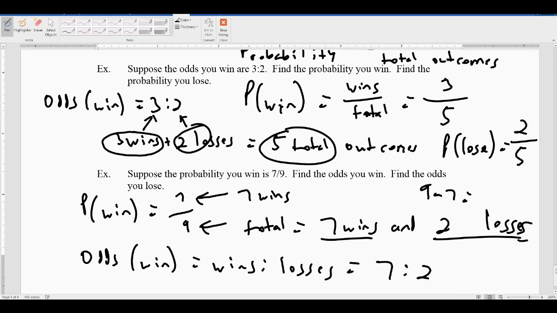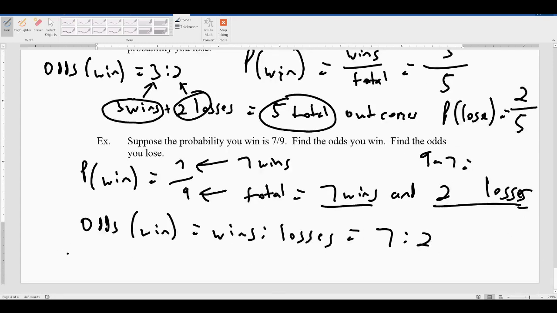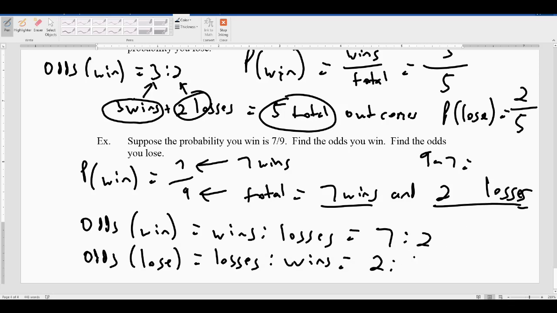So it's 7 to 2 odds. So what's the odds you lose? So it's going to be losses to wins. I'm just going to reverse it. 2 losses to 7 wins. And that's odds and probability together.